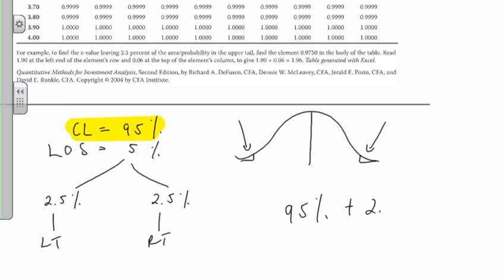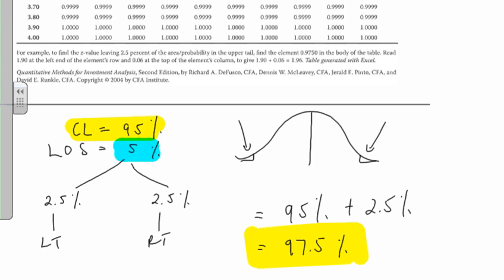I've got to add on another 2.5% for each tail. So really what I'm looking for is a 97.5. In other words, when I'm going to read off my table, I'm going to read off 97.5. Why? Because I take my level of significance of 5, and I've got to divide half into each tail.